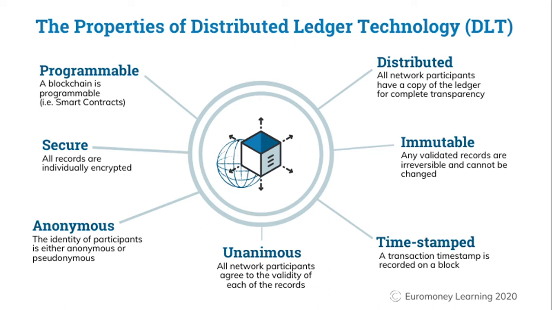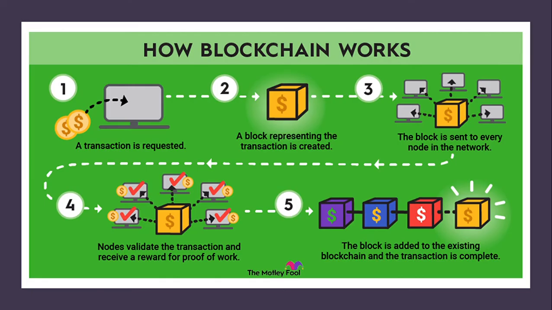It should be immutable as well: any validated records are irreversible and cannot be changed. It is unanimous as well: all network participants agree to the validity of each of the records. And it should have a timestamp as well: a transaction timestamp is recorded for each transaction which happens through this blockchain technology.